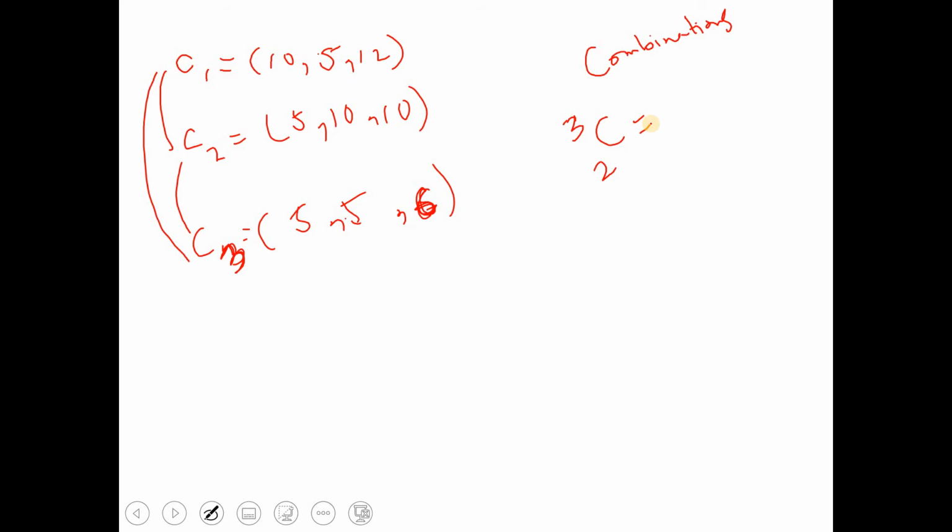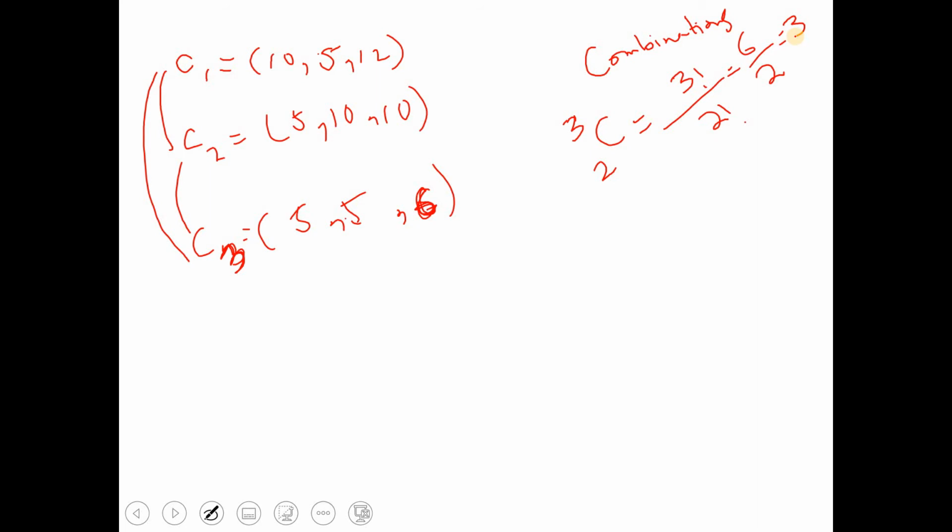I think it is 3 factorial divided by 2 factorial, so 3 factorial is 6, and 6 divided by 2 gives you 3. So you will create 3 pairs of values. So how will you calculate these 3 pairs?